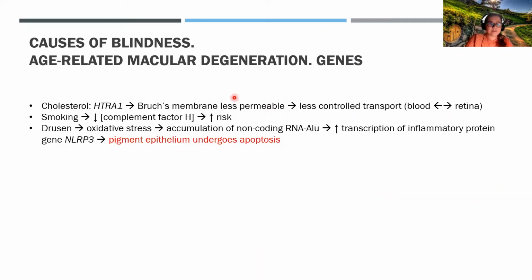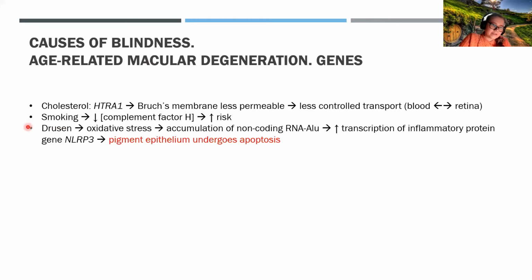Now about the genetic component of this disease. So cholesterol-related genes are thought to play a role because cholesterol makes up membranes, including Bruch's membrane. Certain mutations in these genes cause Bruch's membrane to be less permeable, and therefore blood can carry fewer metabolites to the retina. Also, smoking causes decreased transcription of complement factor H, and this increases the risk of age-related macular degeneration.